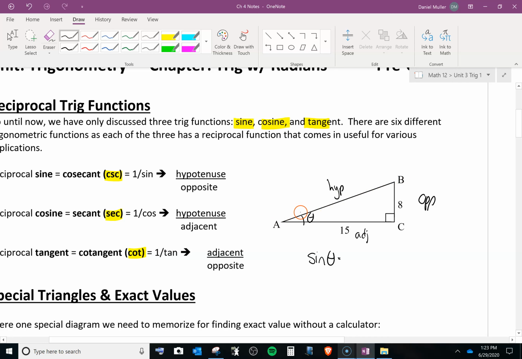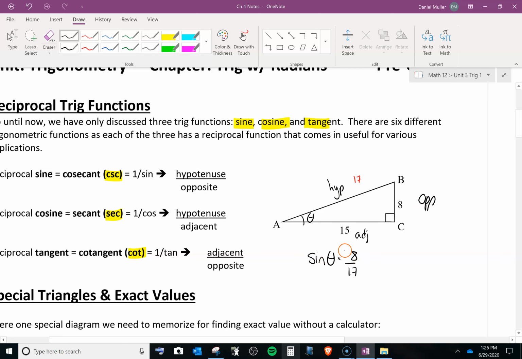You have to do a squared plus b squared equals c squared, but that's really not the point. You end up getting 289 or something square rooted, which is 17. So back to the question, sine theta. So sine theta is opposite over hypotenuse, which is 8 over 17.